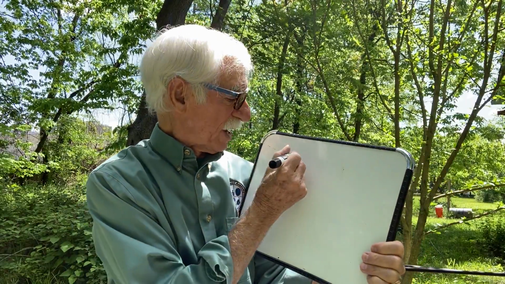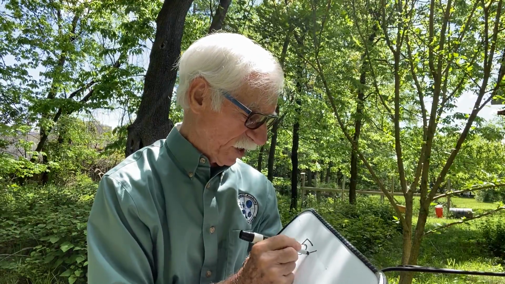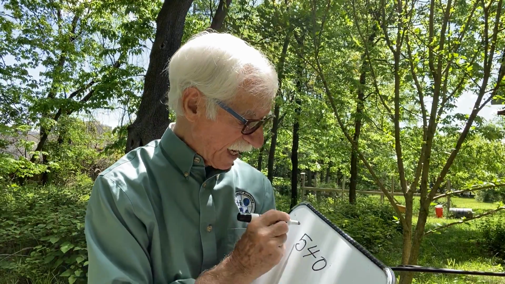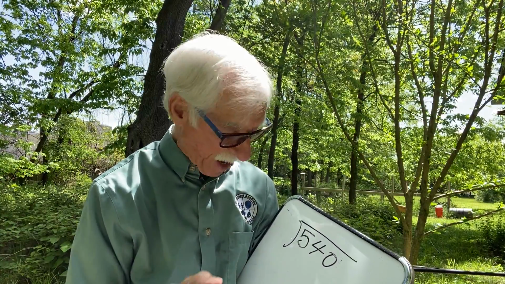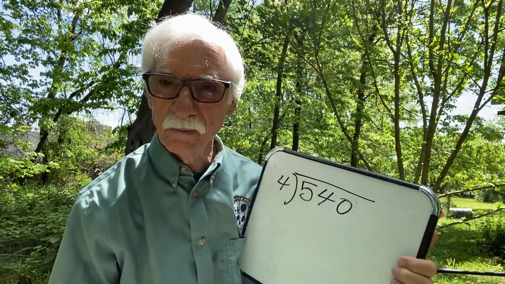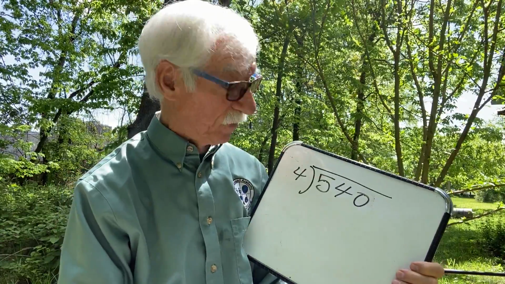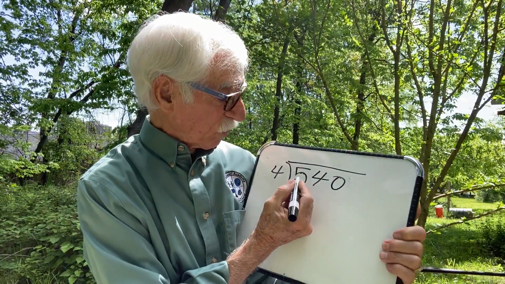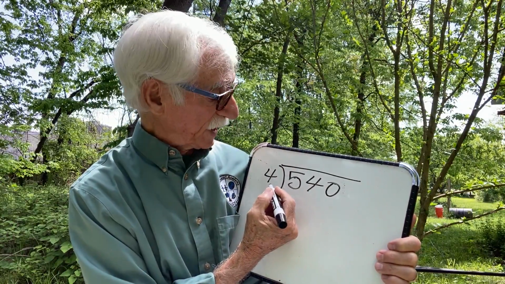Okay, so we have 540 golf balls, and we're going to distribute them, divide them into 4 buckets. Put those golf balls in the buckets, and each one has got to be fair, equal. So again, I have 500s to distribute to 4 buckets.